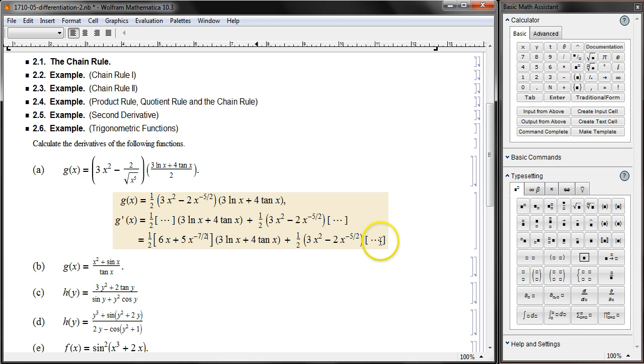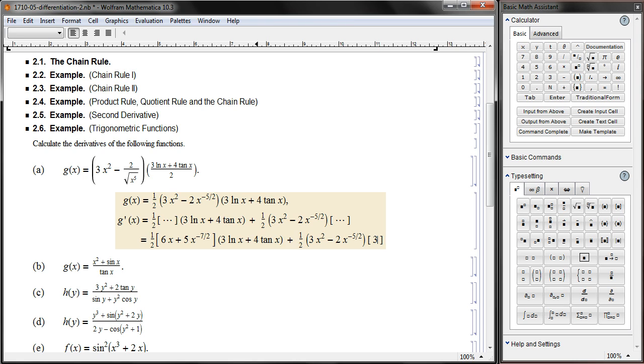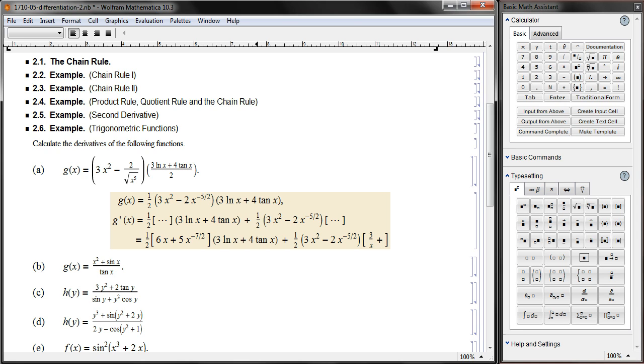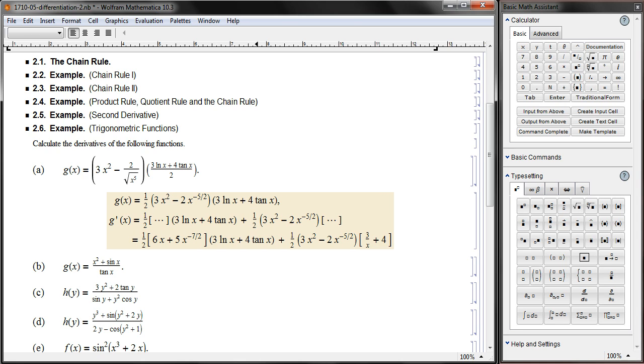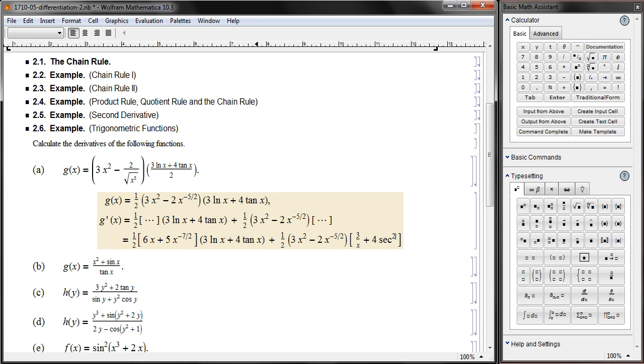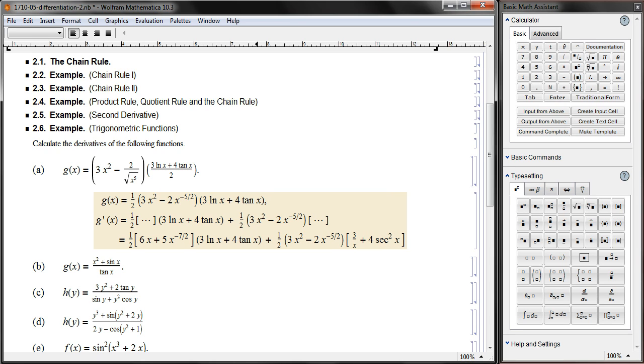Same, and then the last one. Let's go ahead with the derivative of this log function. 3 times 1 over x. 4 times the derivative of tangent. Here goes the problem, and looks like I didn't have to use any chain rule at all.